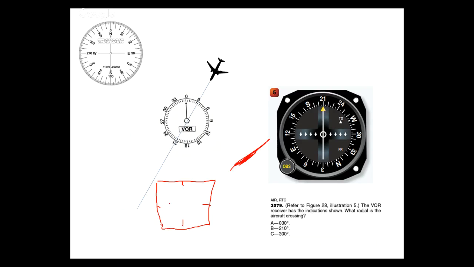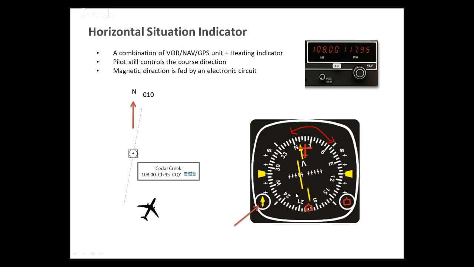You're going to have to watch your heading gauge because you want to know what direction your airplane's going in, and then watch your VOR gauge to make sure you're on course. But the HSI allows you to do that in one gauge, because you've got your heading gauge here, it turns, and your VOR gauge is right in the middle with your course deviation indicator and your OBS course selector down here to the left.